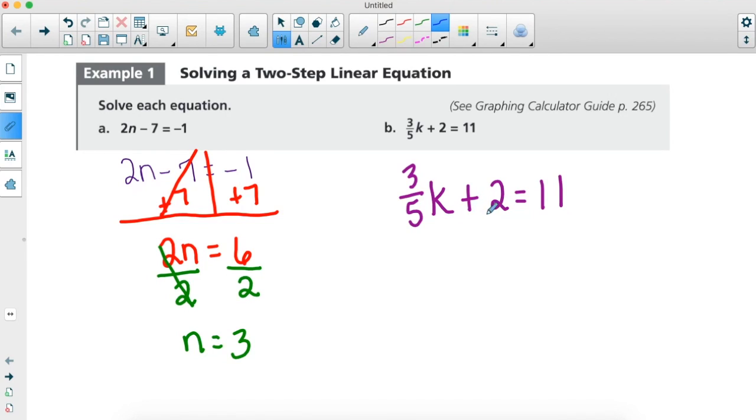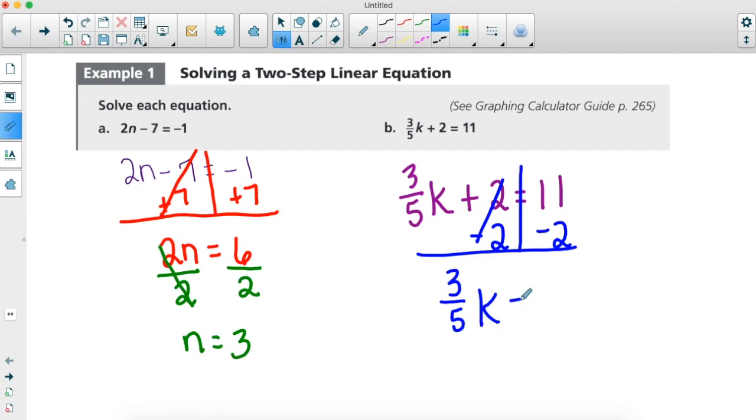The inverse operation of adding 2 is to subtract 2 to both sides. Okay, so the 2 minus 2 cancel each other out, and I have 3/5 k left alone equals 11 minus 2 is 9.